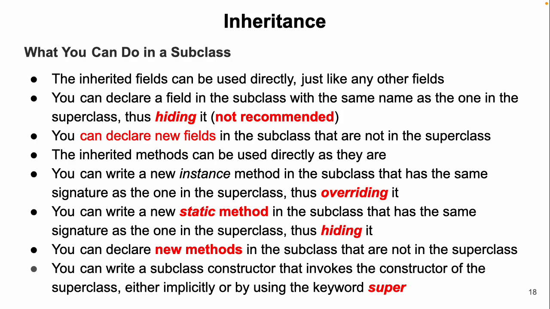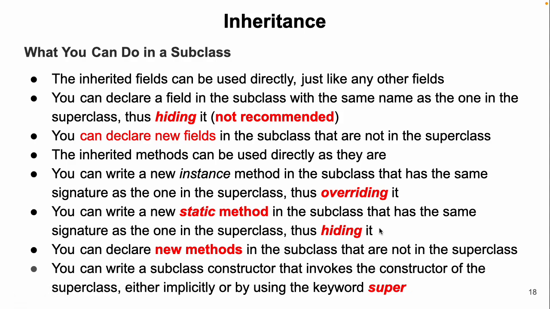So which method will be called, either the method inside the subclass or the method in the parent class? We can call based on what we have used in our code. That we will see later. And you can write a new static method in the subclass that has the same signature as one in the superclass, thus hiding it.